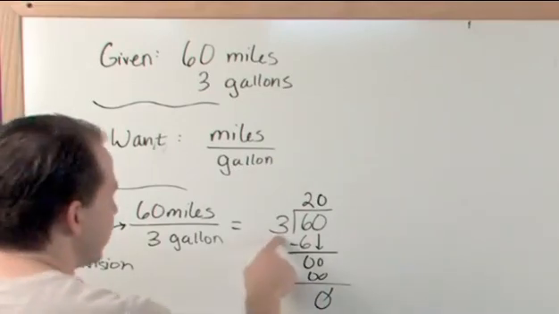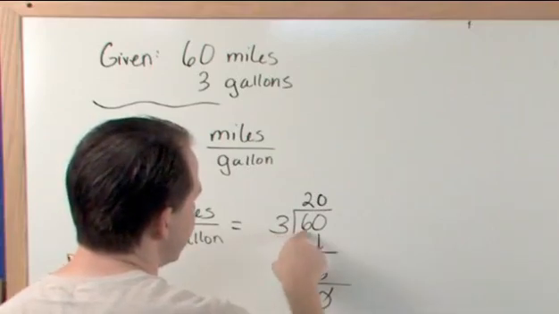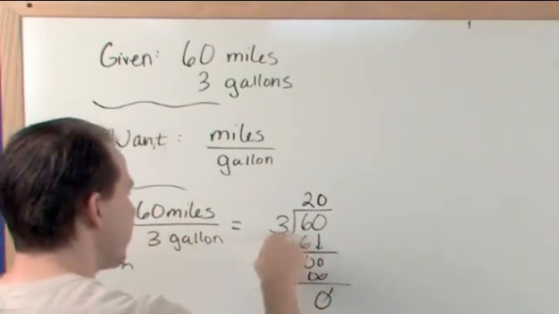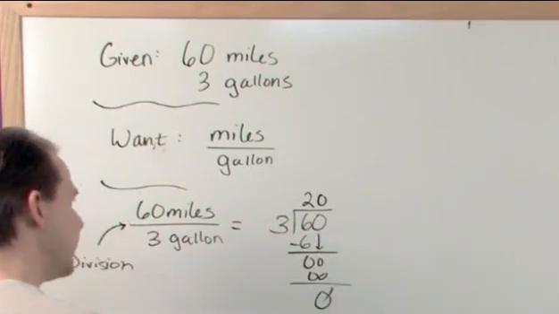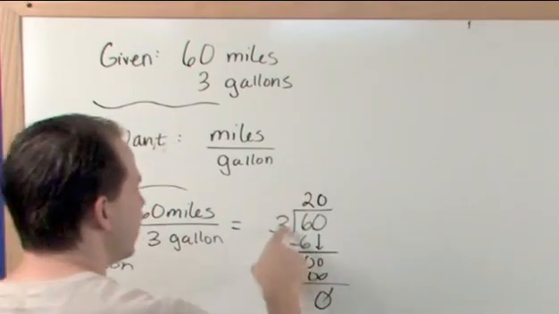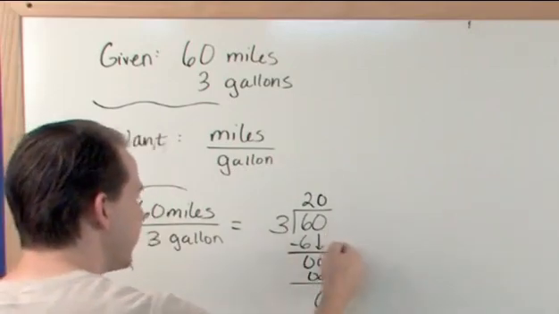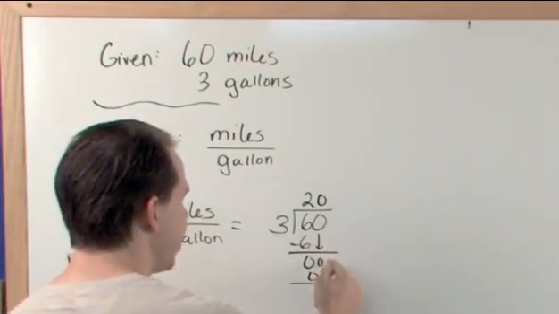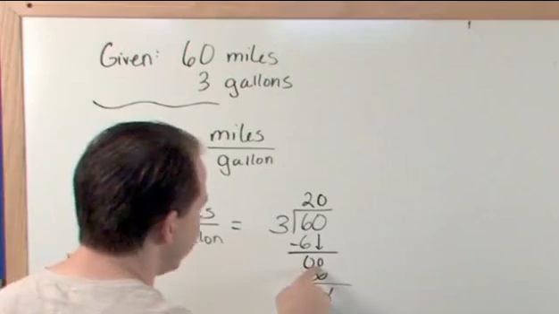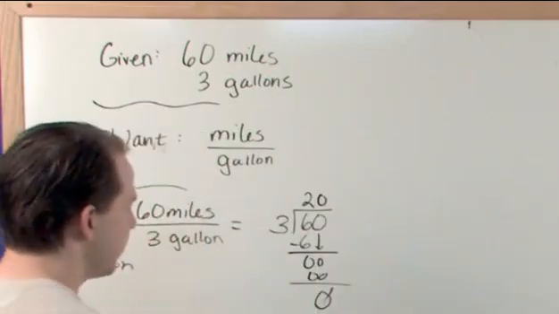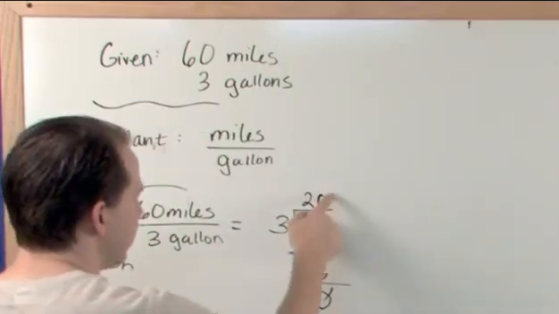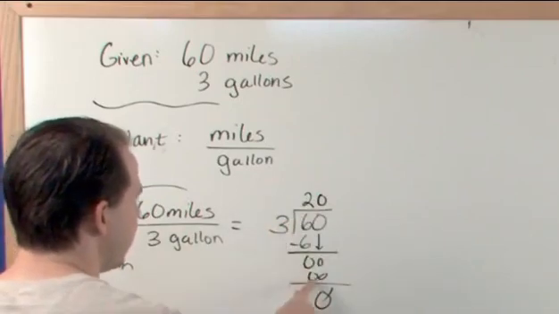But basically, you're dividing 3 into 60, so going into the first number, 3 times 2 gives me 6, so it divides an even number of times. I do my subtraction. I get 0. I carry this other 0 down, because you always have to do that in the next step. Then 3 goes into 0 zero times, so I put a 0 there, and then I multiply. 0 times 3 gives me 0.